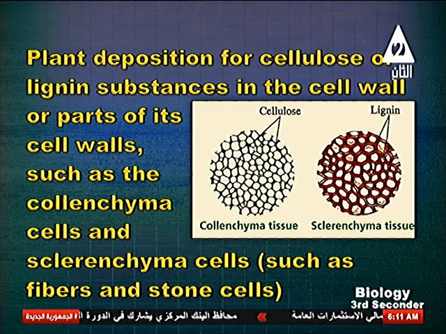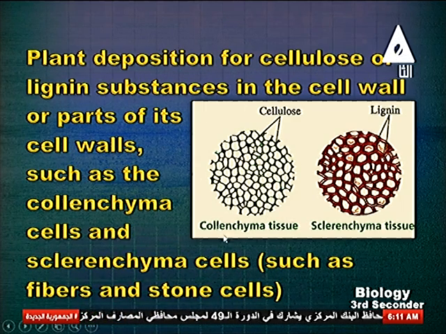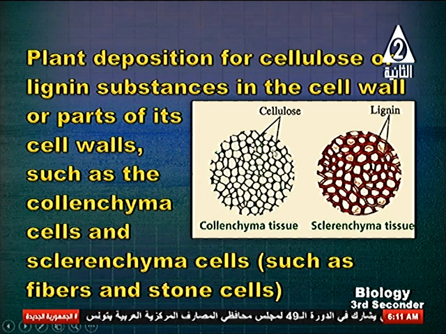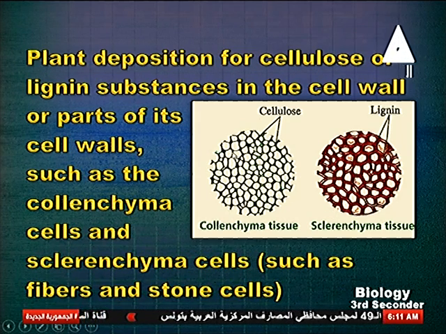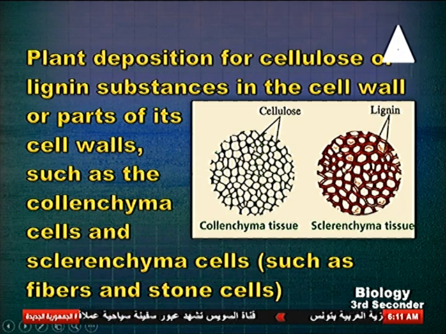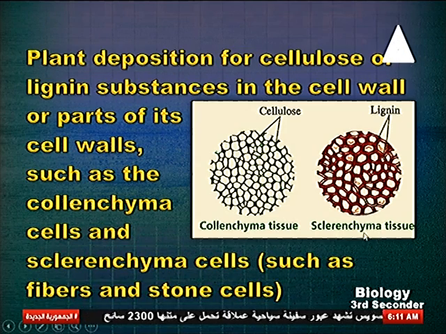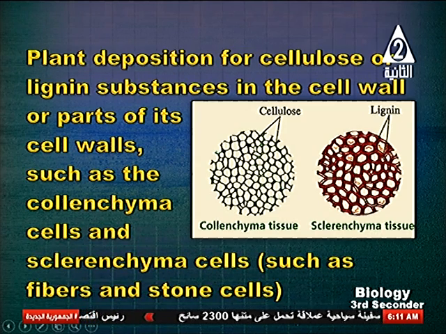But collenchyma have no or little intercellular spaces due to deposition of cellulose outside the cell. Sclerenchyma have two depositions, cellulose outside and lignin inside. Sclerenchyma are of two types of tissue, fibers and stone cells.